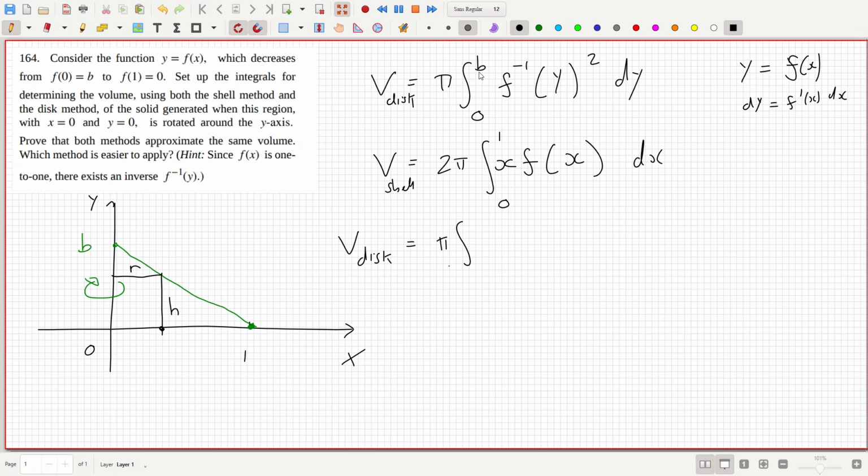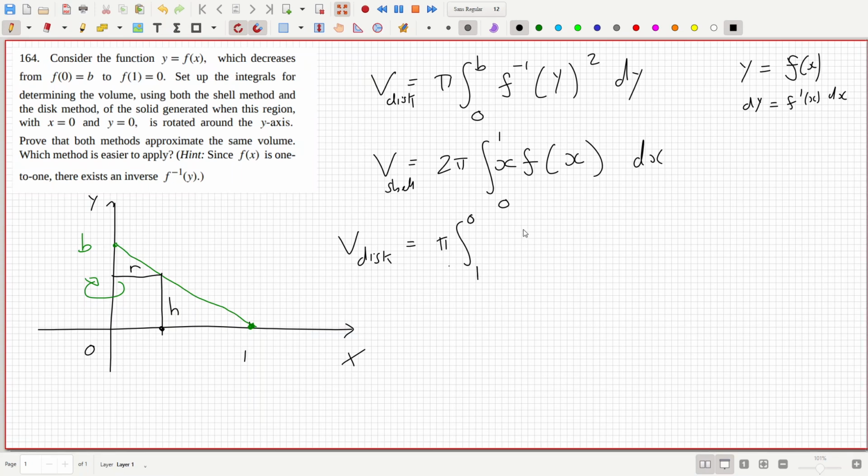These are y's. So what value of x do I need to give me a 0 on the y? So yeah, no, that'd be 1 and 0, wouldn't it? It's f of 1 is 0 and f of 0 is b.